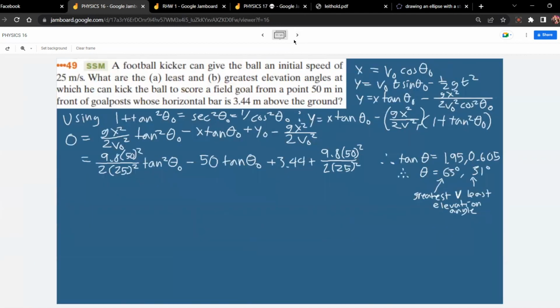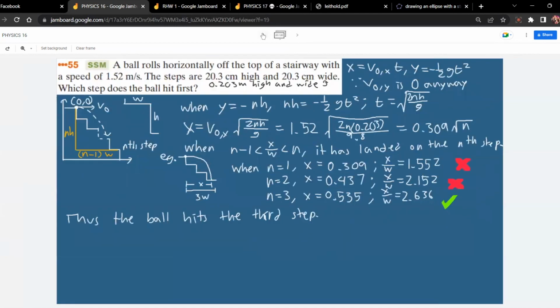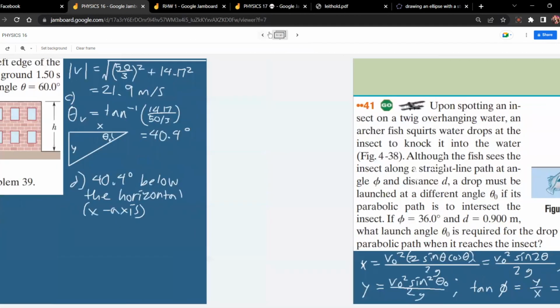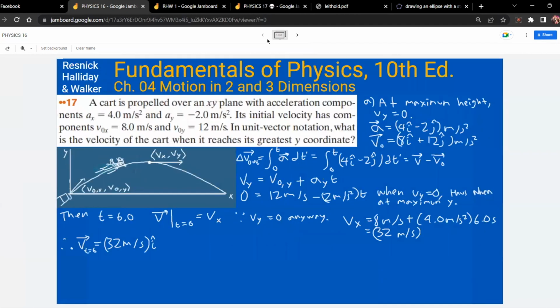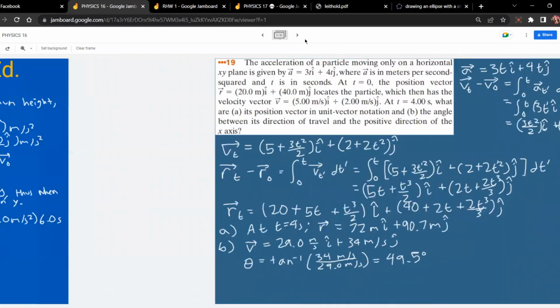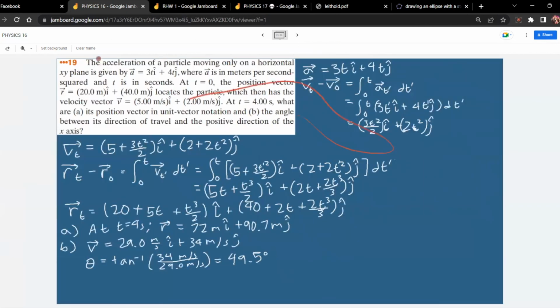Let's set up the range formula. So when y is 0, ano yung makukuha natin ng value ng x?